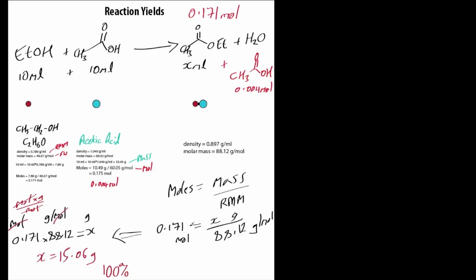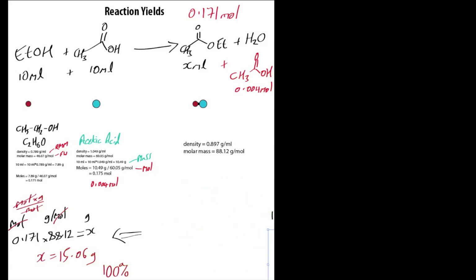If I just tidy this up a little bit, move this out of the way, put that down there, delete that. Okay, so we worked out from the moles, from the molar mass, how many moles we should have in a theoretical yield of 100%. Okay, that's very important. This is theoretical. We're trying to work out what we really should get in total. We should have 15.06 grams for a good reaction.